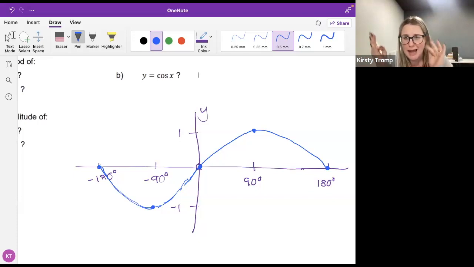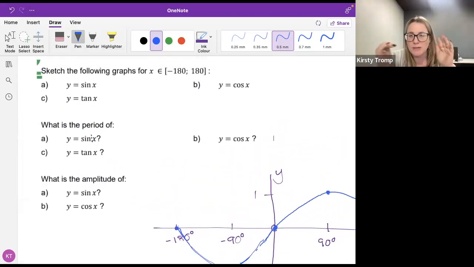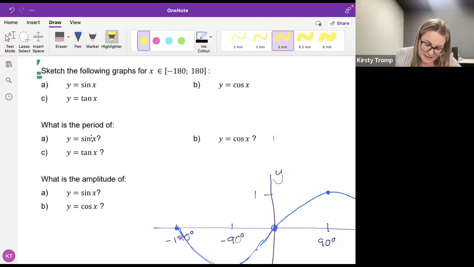How do I know I must go from negative 180 to 180? Rafilwe, can you tell me? Ma'am, because the sum said x is an element of negative 180 and 180. Fantastic. Well done. Thank you so much, Rafilwe.